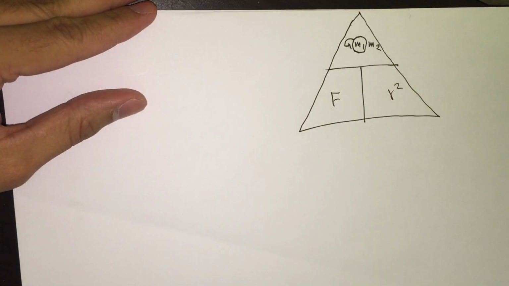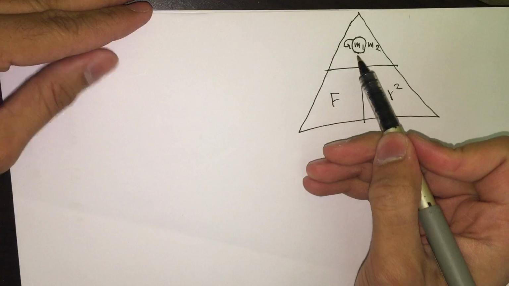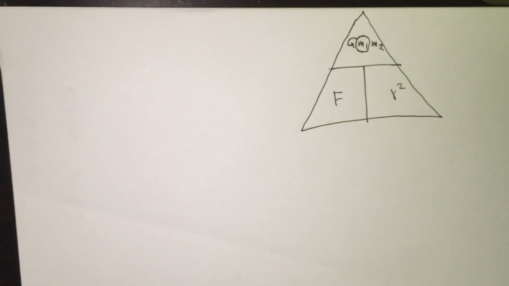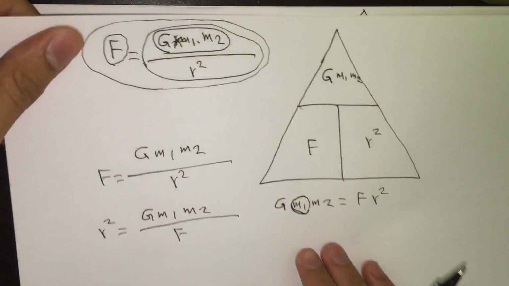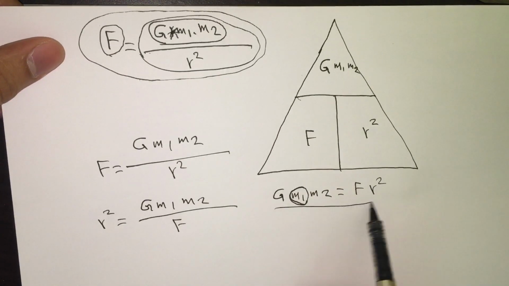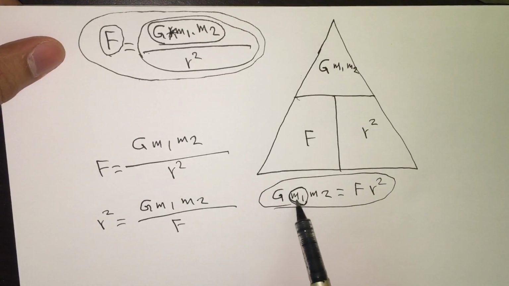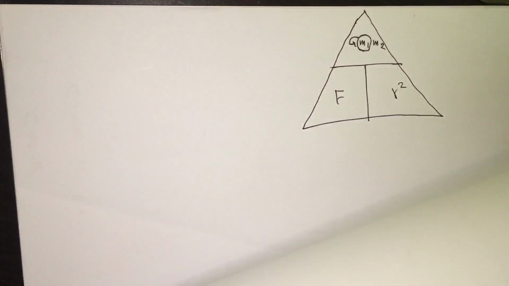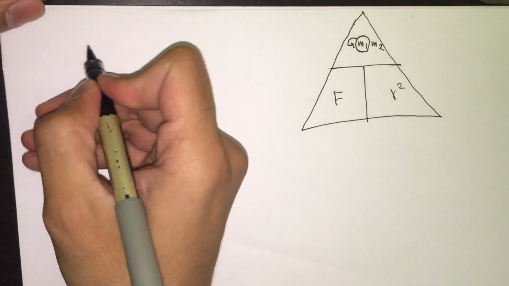We take the equation that has the m1 before the equal sign, which is this equation. You could see that it has the m1 before the equal sign. So we write it as it is.